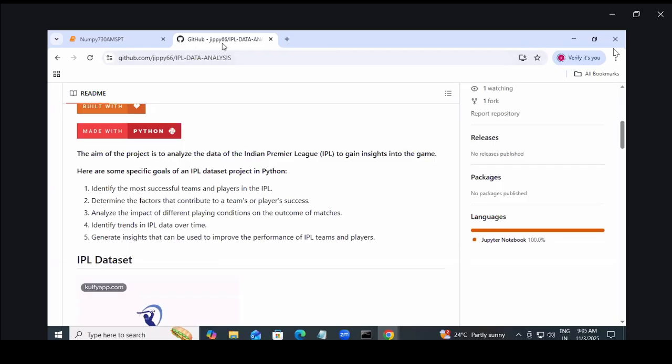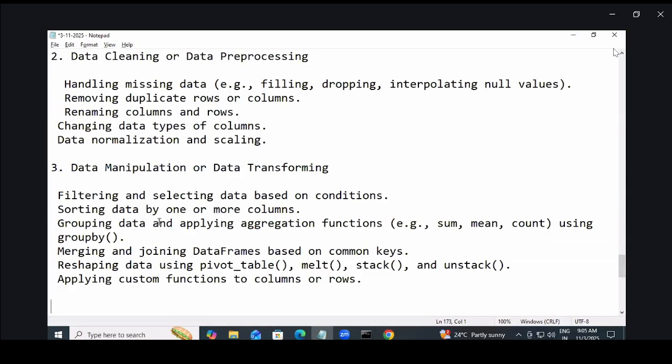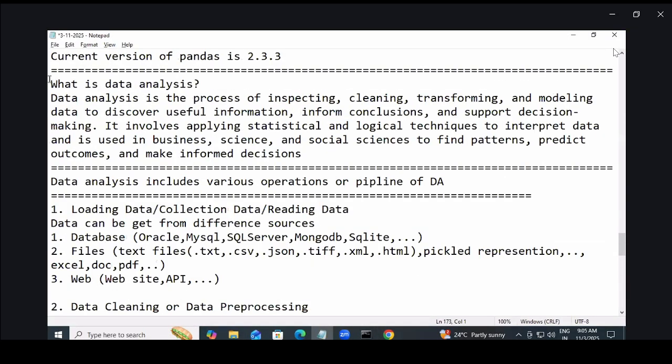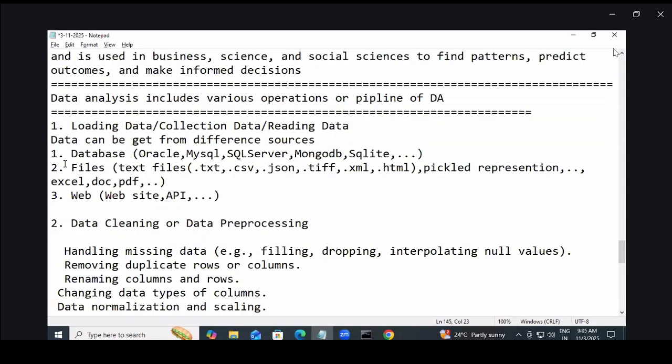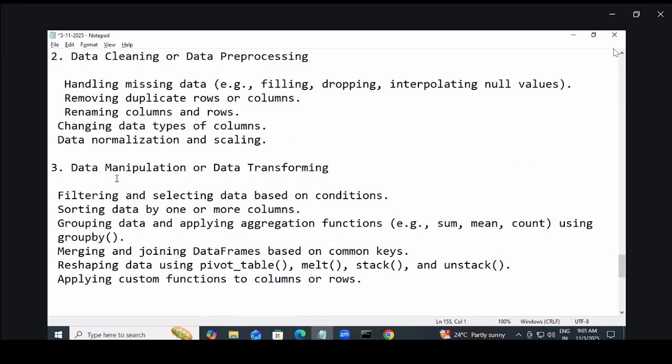So most of the time, what is Pandas used for? Data analysis. What are the basic steps in data analysis? Loading data. The second one is data cleaning or data pre-processing. The third one is data manipulation or data transformation, which consists of filtering, sorting, grouping, merging, reshaping. All this comes under data transformation.